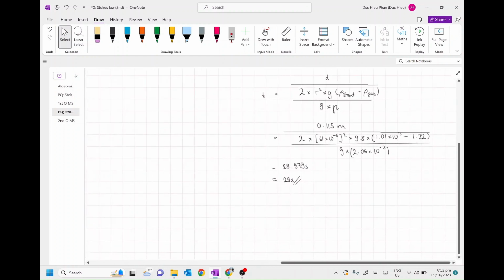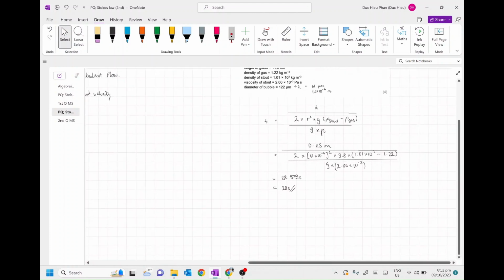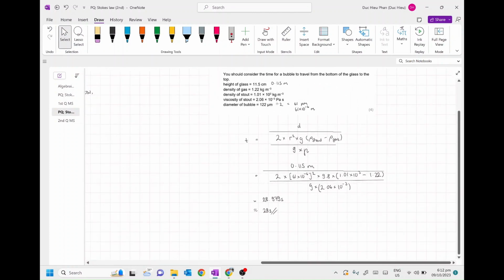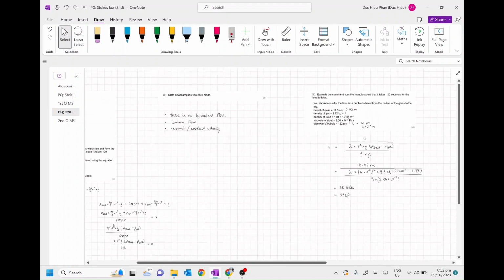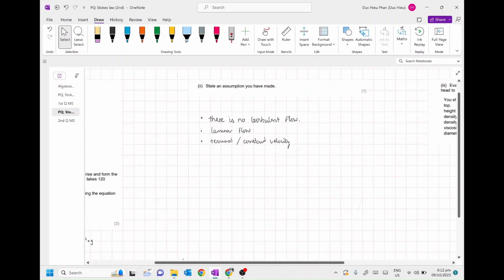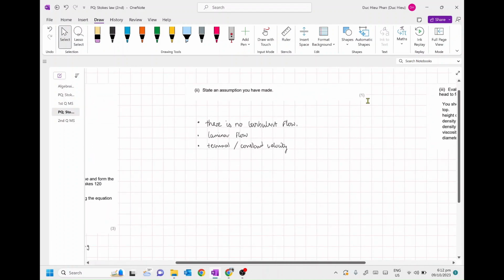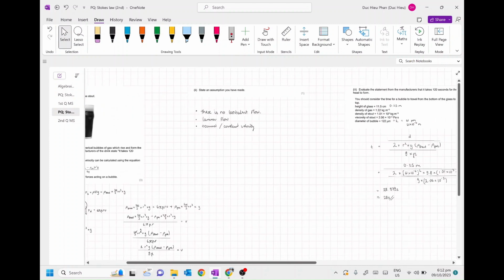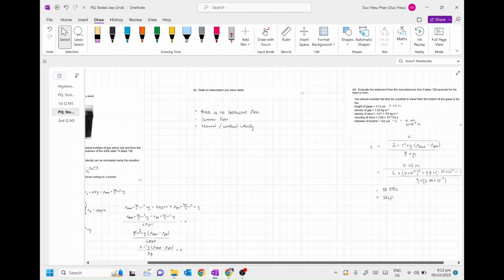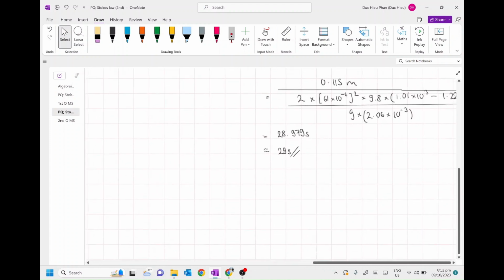Well, the mark scheme does reward different ways of thinking here, but I think the best way for you to answer this question is to look at the previous question right here. State an assumption you've made, and we've assumed that there is no turbulent flow, that there is laminar flow, and that the bubble is traveling up at terminal velocity at constant speed, as fast as it can. But that could not be true.